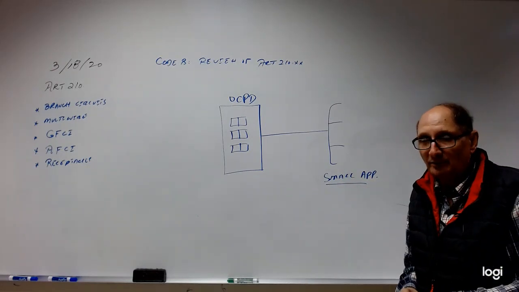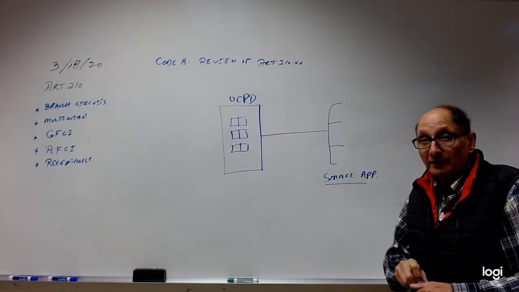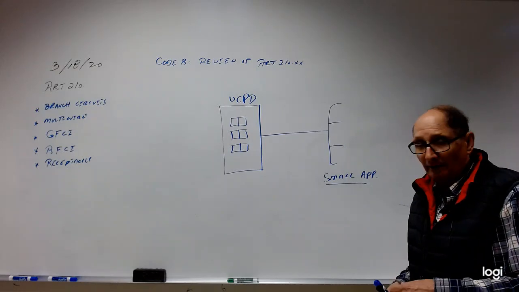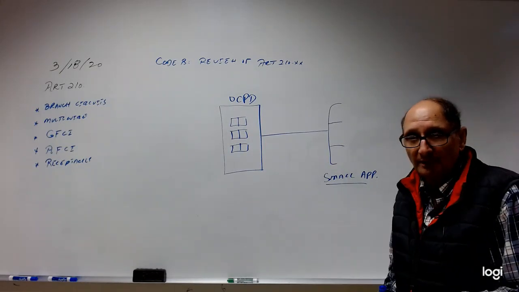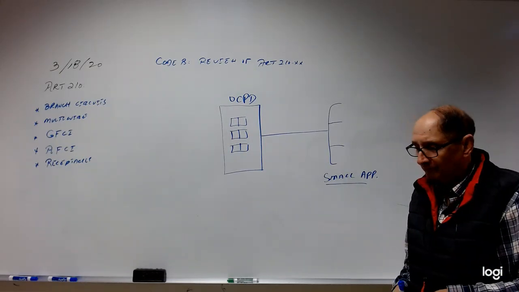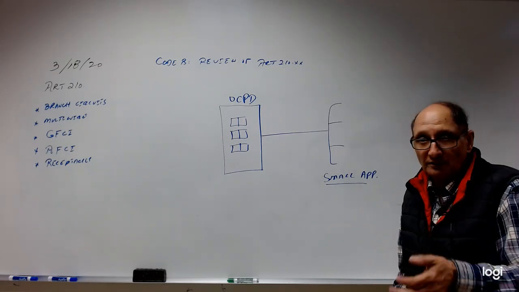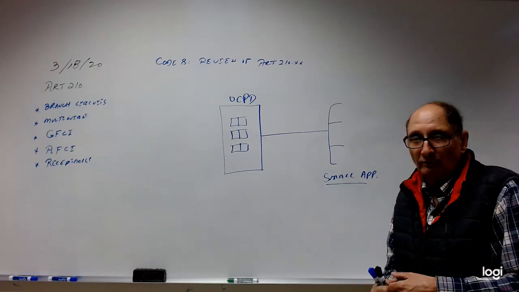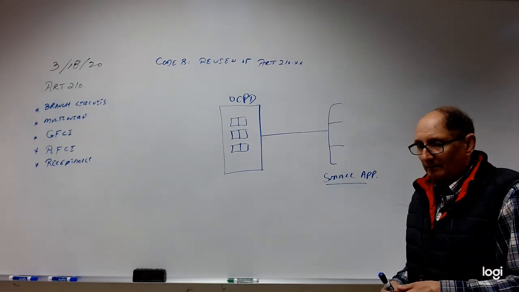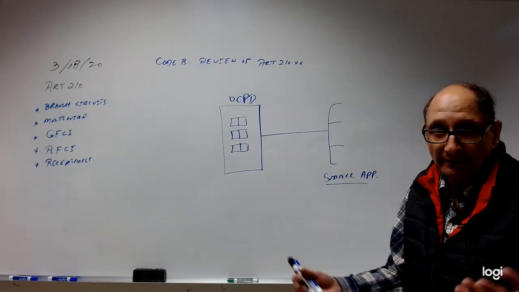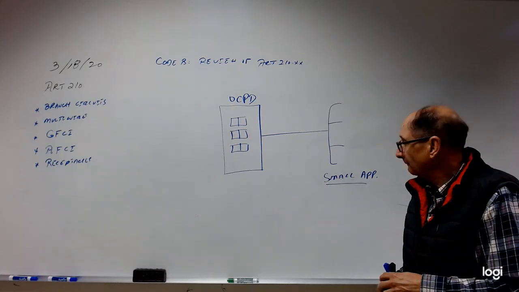As everybody knows, in your kitchen, you have a bunch of receptacles on the countertops, and you plug devices in: toasters, ovens, small microwaves, juicers, coffee makers, blenders. The list goes on and on.